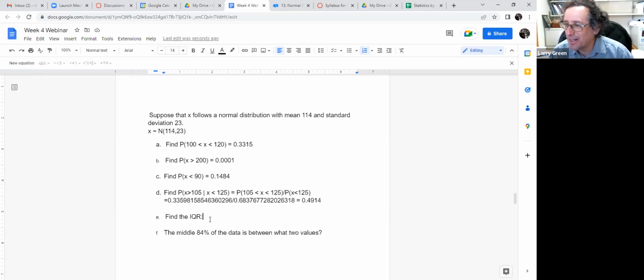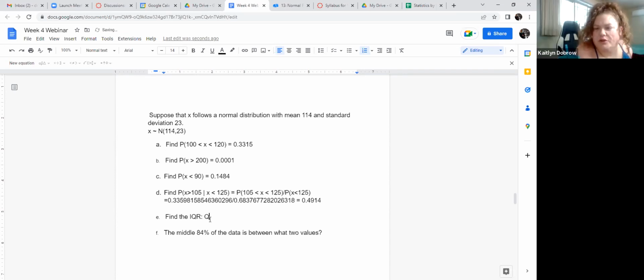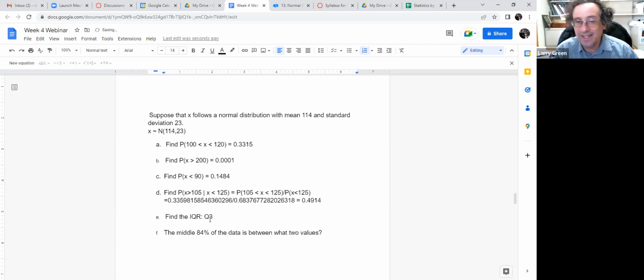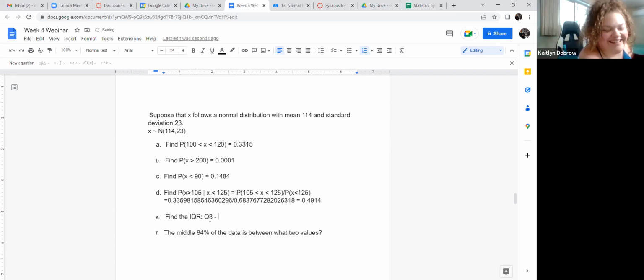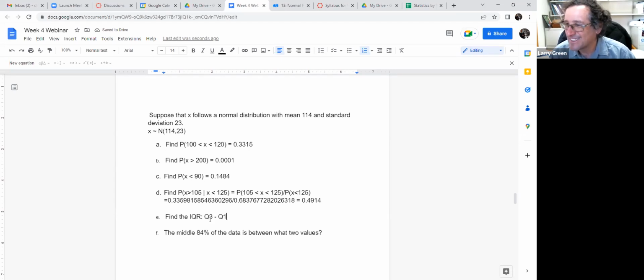How do you find the interquartile range? Do you remember? You subtract Q1 from Q3. That's maybe what was in your head, though. So it's Q3 minus Q1. Because the big minus the small.